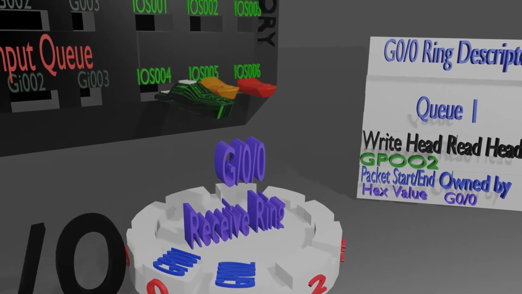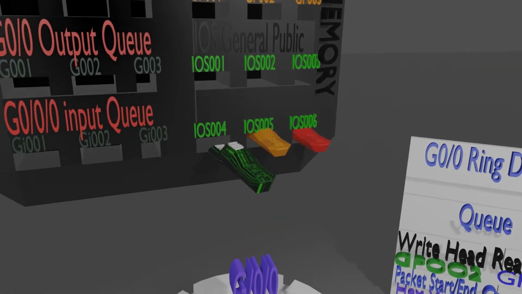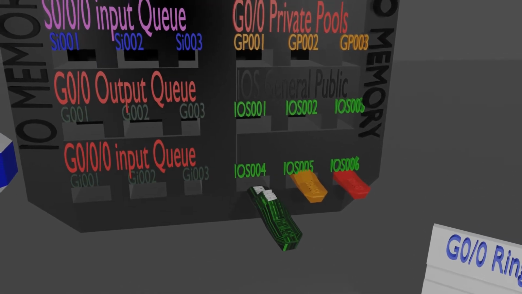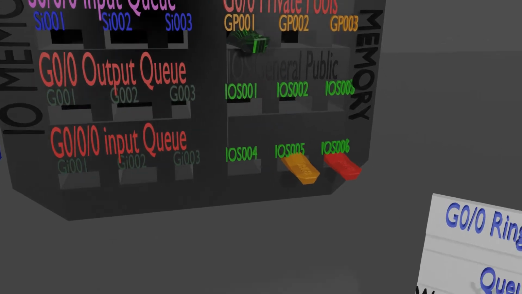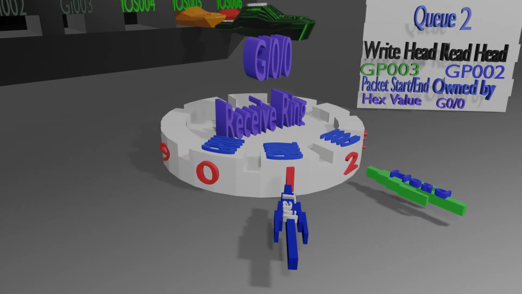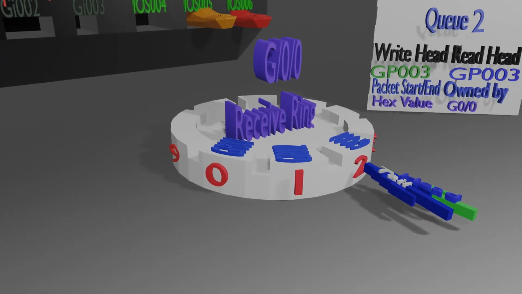The green write head points to an empty buffer or queue on the ring that packet buffer addresses can be written to as they are learned. And when the G0/0 interface polls its ring to learn the address to store an incoming packet, the blue read head reads the next address on the ring queue and provides that information to the controller.